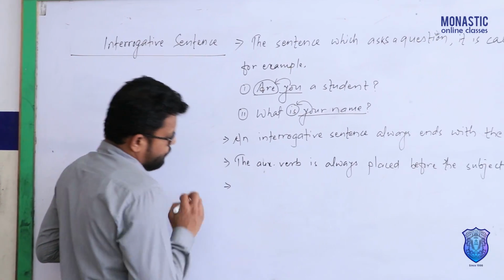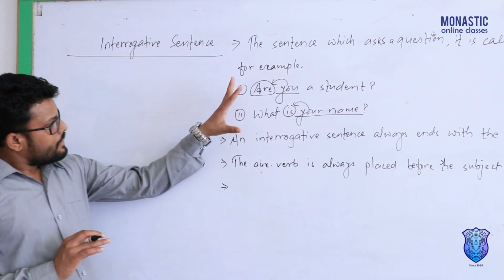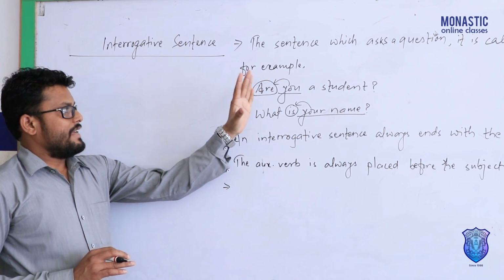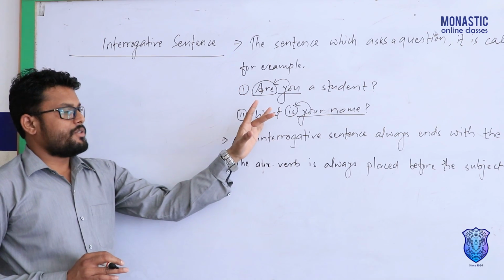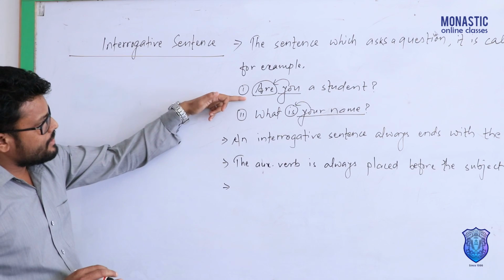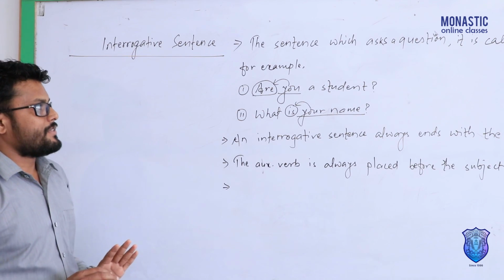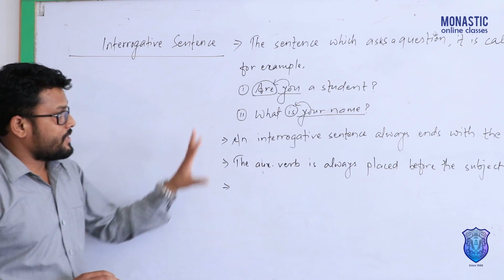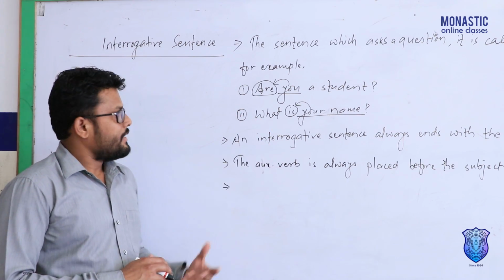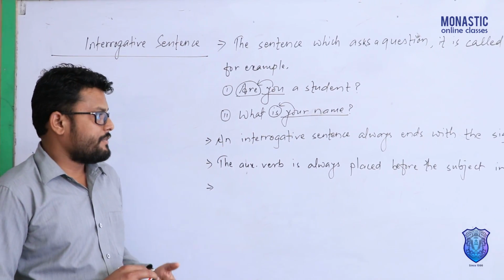Another point we can understand is that an interrogative sentence starts either with an auxiliary verb or with a WH word. When it starts with an auxiliary verb, it becomes a yes-no question. When it starts with a WH word, then it becomes a WH question.